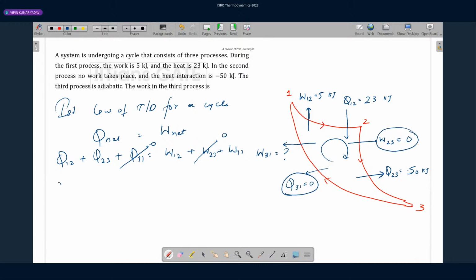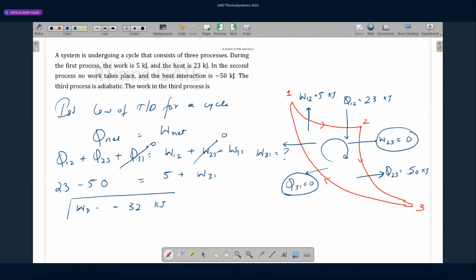Now this is 23 and this is going out, so minus 50 is equal to W12 is 5 plus W31. Okay. So this will be 23 minus 50, and so this is minus 32 kilojoule.